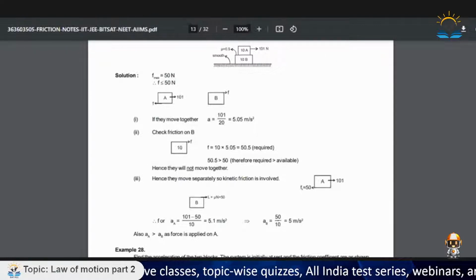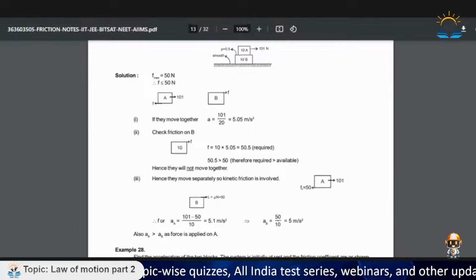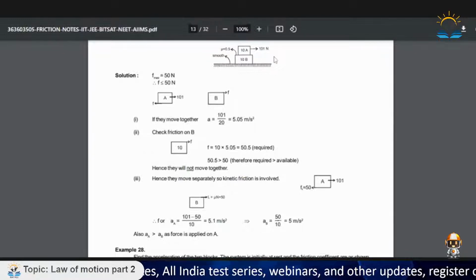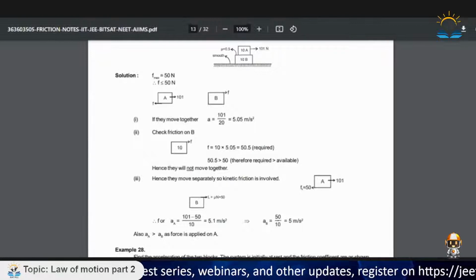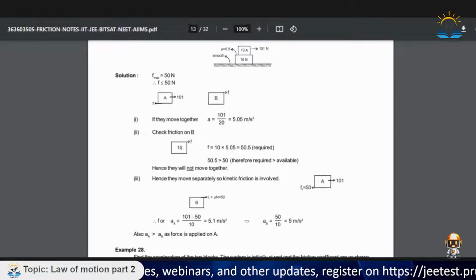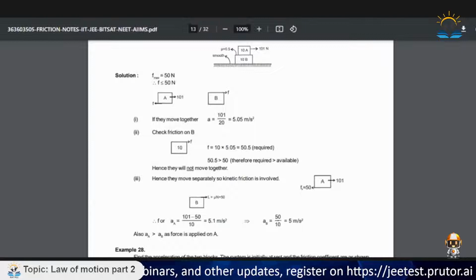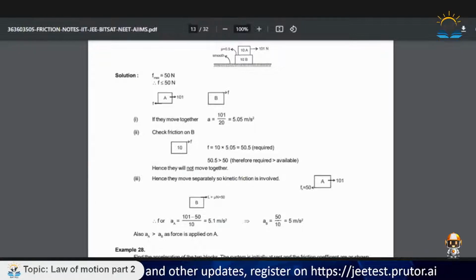So there would be a frictional force in the left acting on A. Similarly, for B, there would be a frictional force acting to the right because the velocity of B is less than the velocity of A. So the relative velocity of B with respect to A would be in the negative x-axis direction.